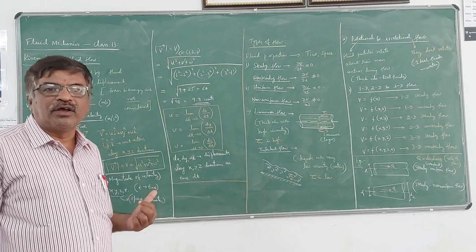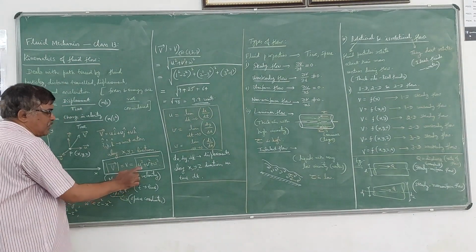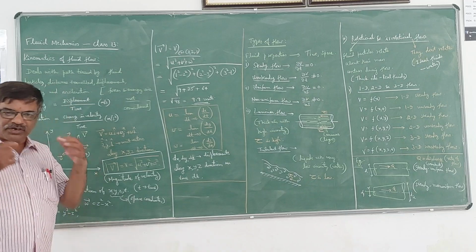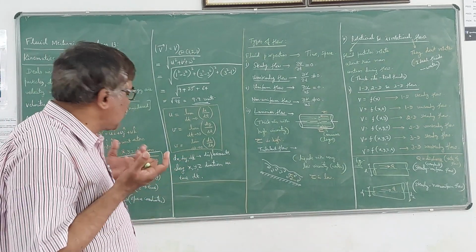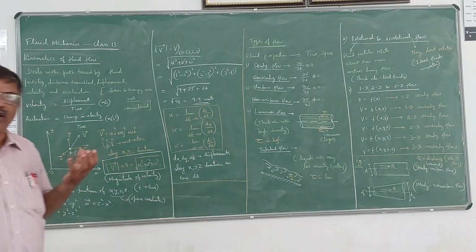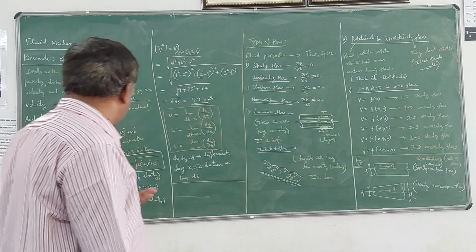These things you have learnt in vector algebra. So V gives the magnitude of velocity. That means if you know the velocities in the three directions at a particular point, you can always compute the resultant velocity at that particular point.